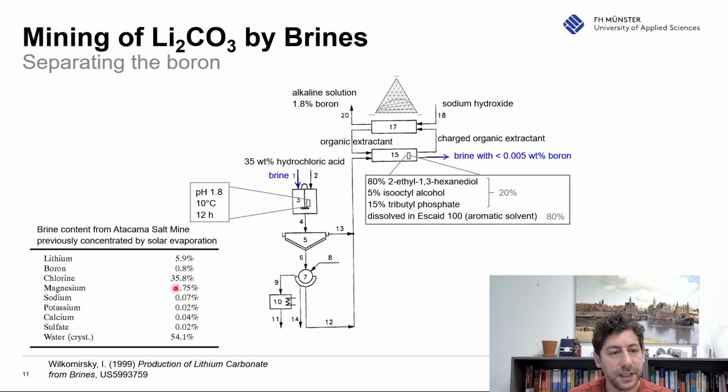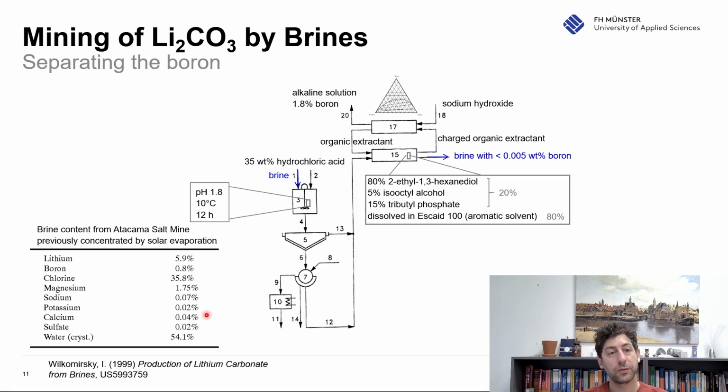And this is what you see here in this table: the content of the brine from the Atacama salt mine. And then you see, oh, we have lithium in here, 5.9%, but we also have boron, we have chlorine, we have magnesium, we have potassium, and so on. And we don't want to have these things because we want to have pure lithium carbonate.